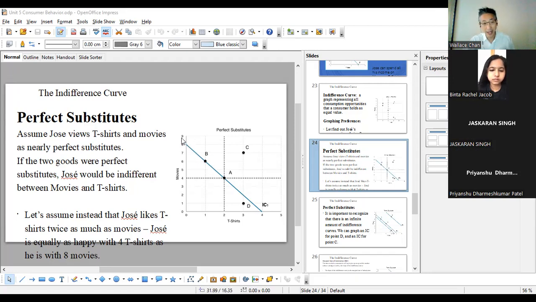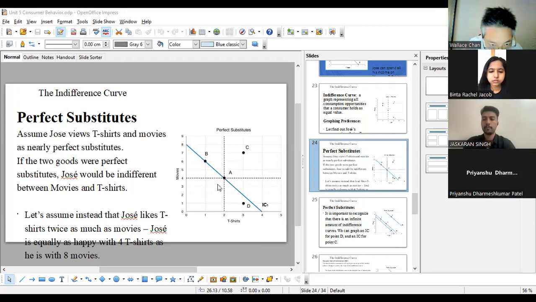Now, what do we mean by indifference curve? It means every single point on this curve generates the exact same level of satisfaction to Jose.